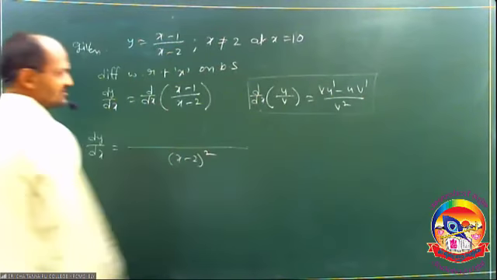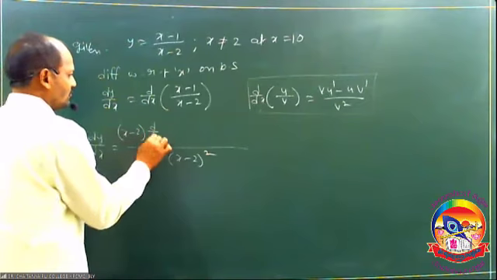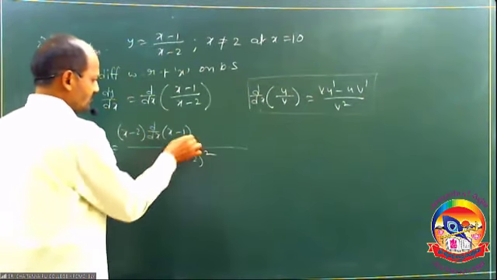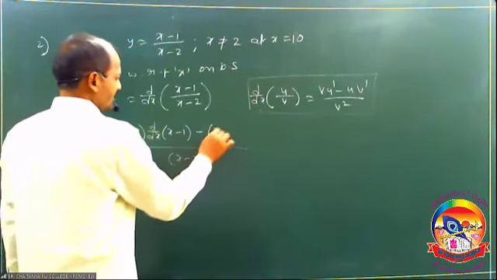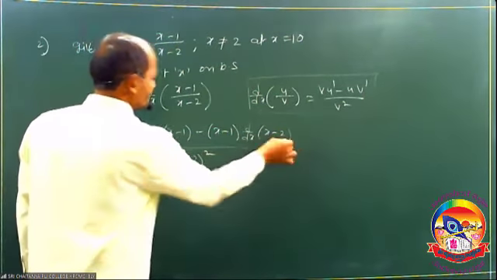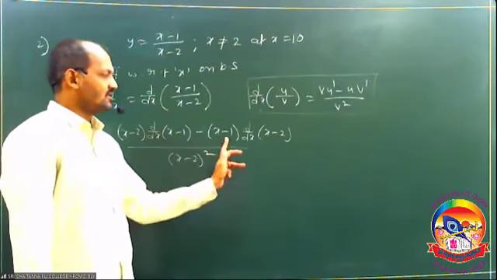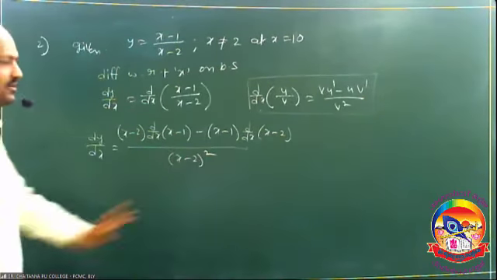That is x minus 2 whole square. x minus 2 into derivative of x minus 1, minus x minus 1 into derivative of x minus 2. The formula is v u dash minus u v dash divided by v square.